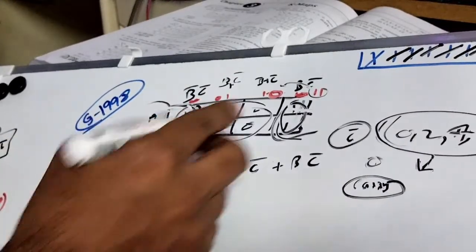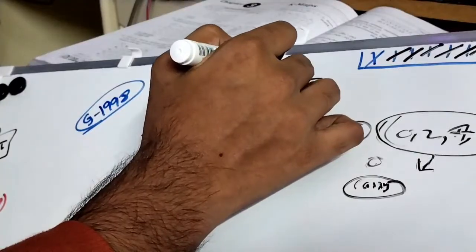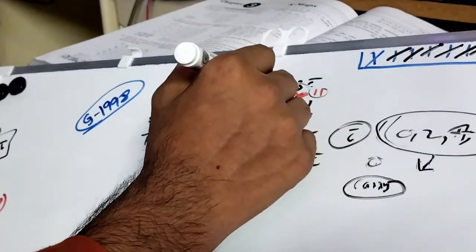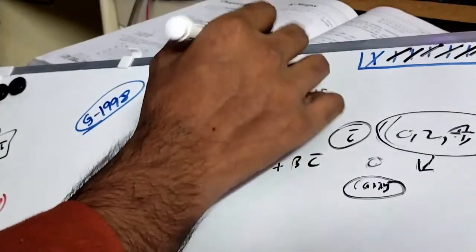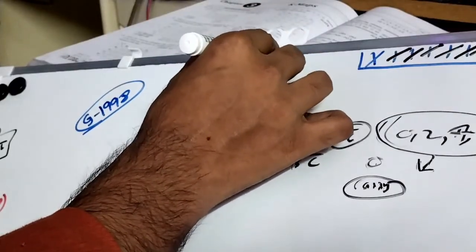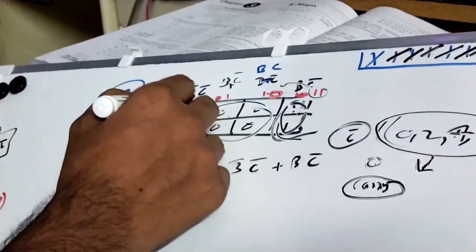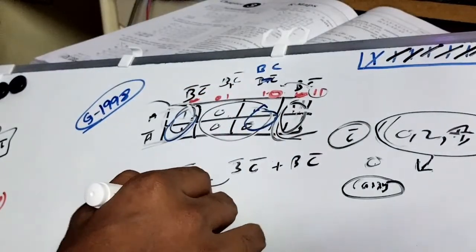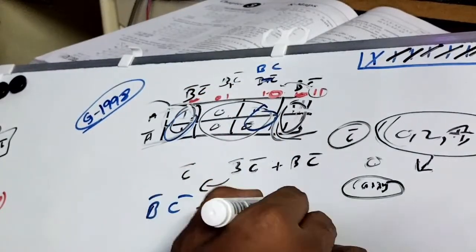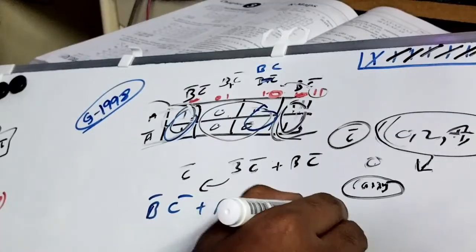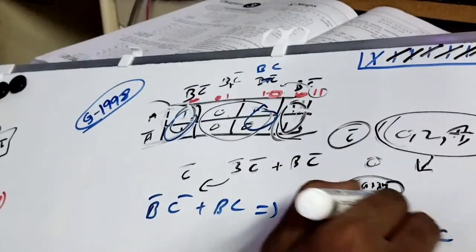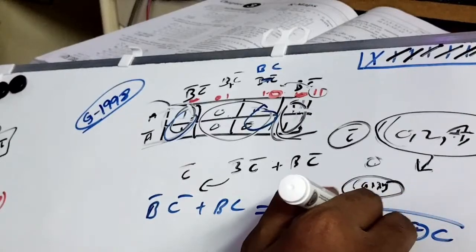So to rearrange this, by rearranging, here it will become one. So you know B bar C bar. Okay, that's true. Then it will become B bar C bar plus BC. It will be B XOR C, or B XOR C whole complement.